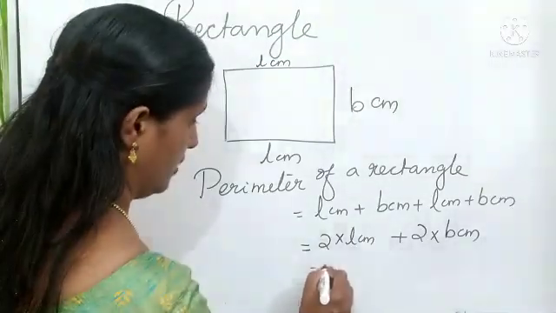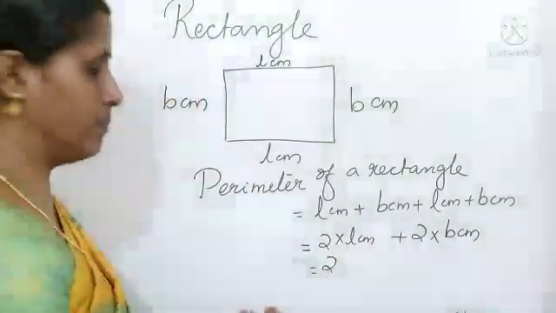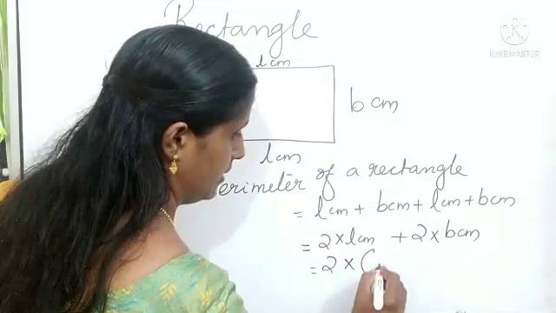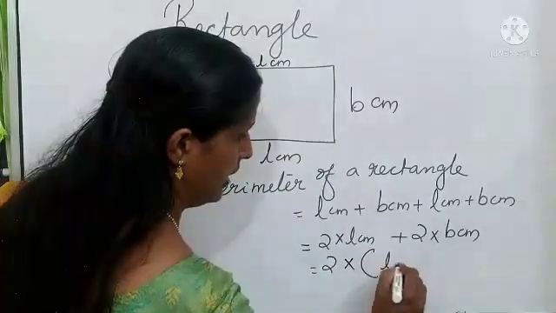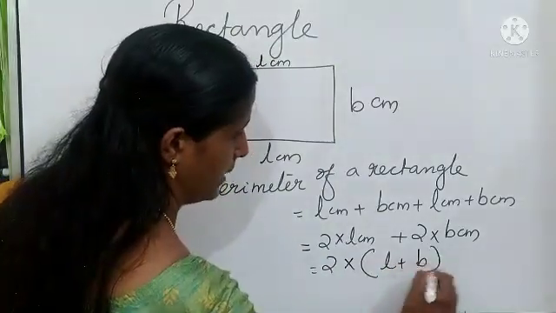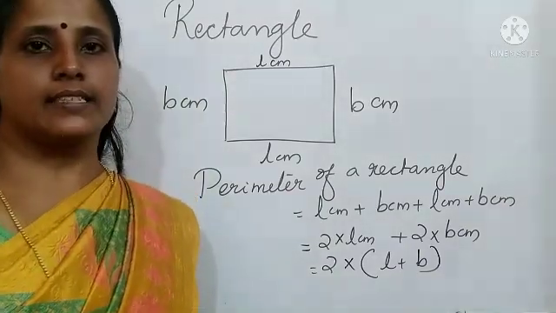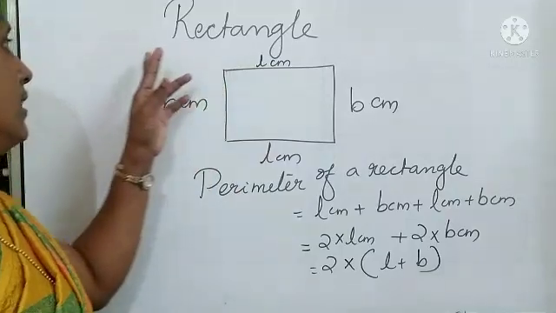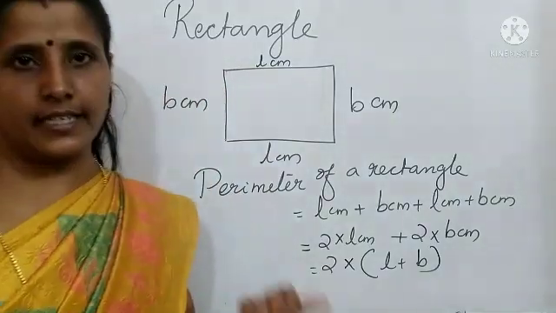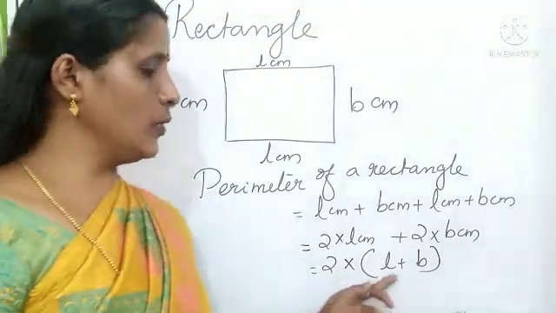So we can put outside the bracket and then we have to write L plus B. That is the formula to find out the perimeter of a rectangle. 2 into L plus B.